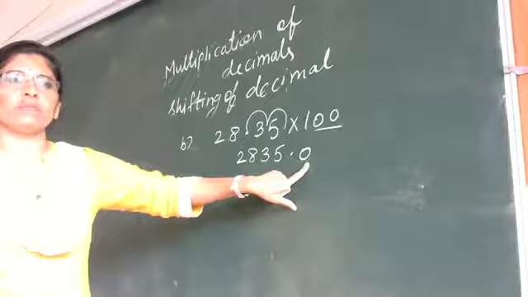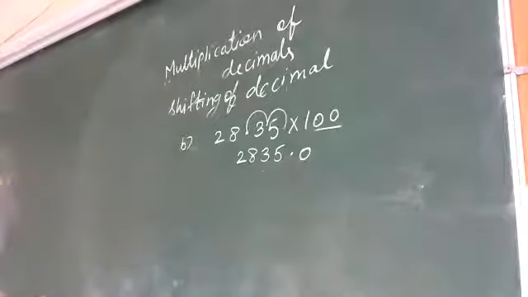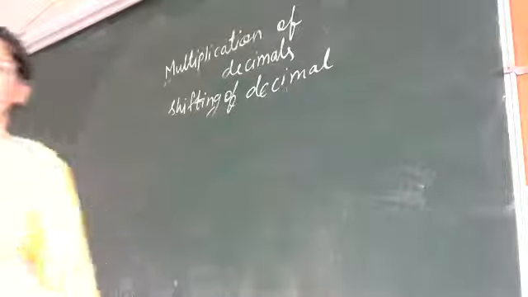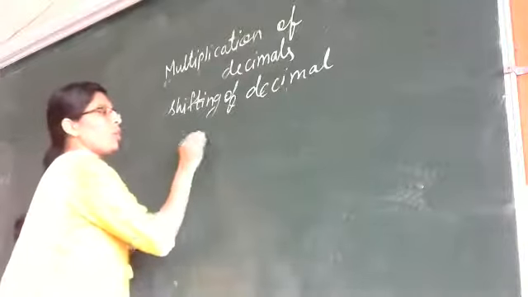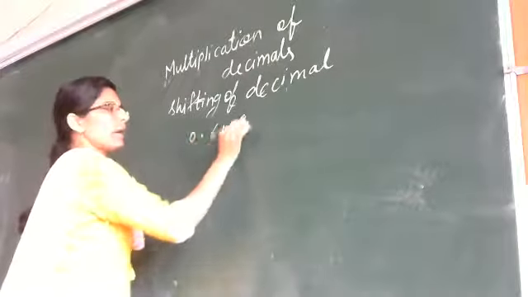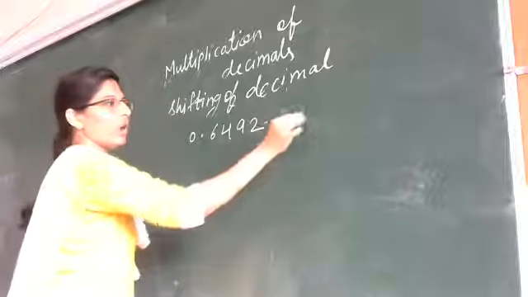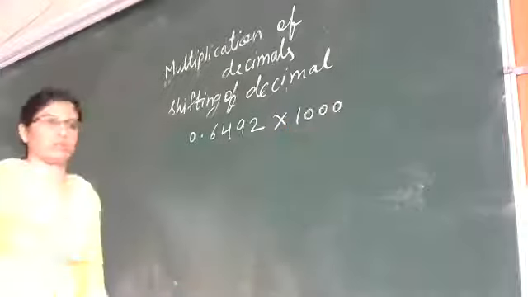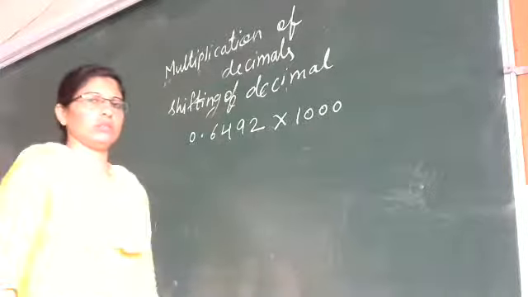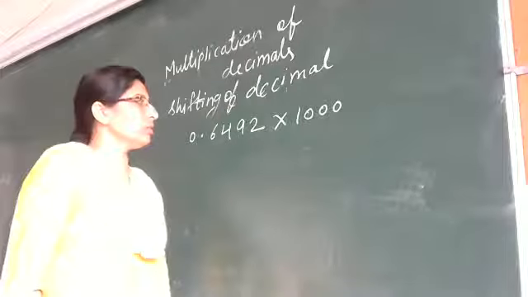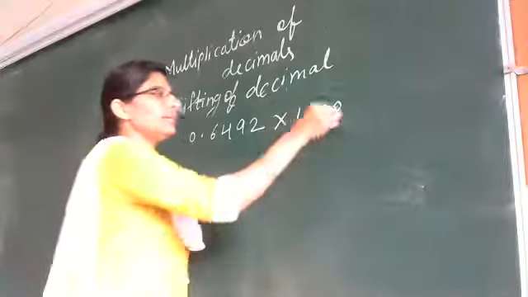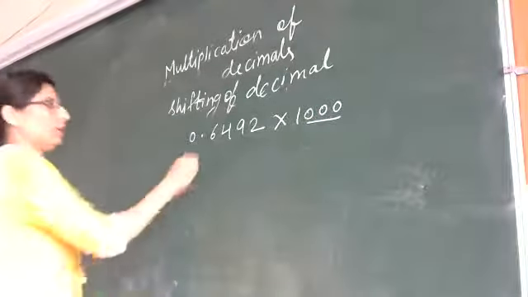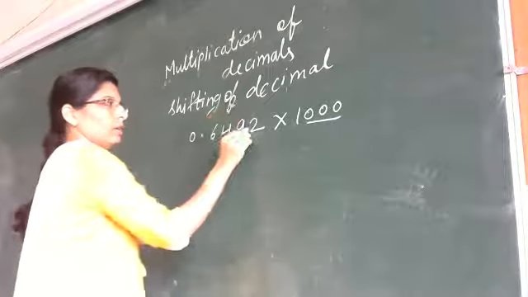Okay, I'll ask again. 0.6492 multiplied with 1000. Three zeros are there.